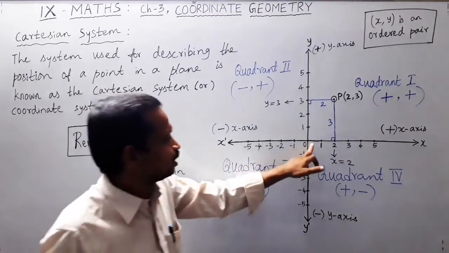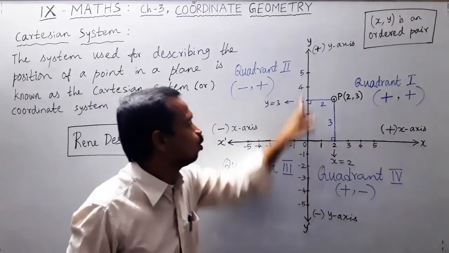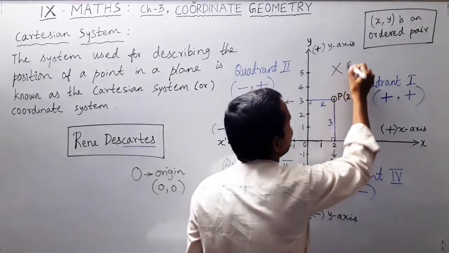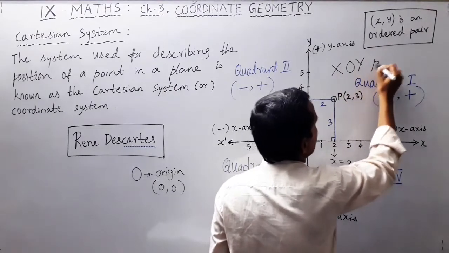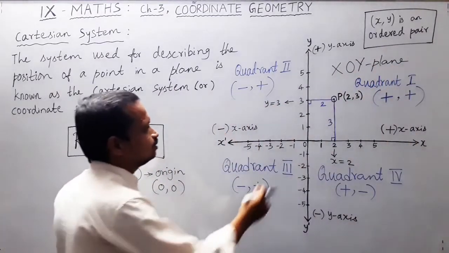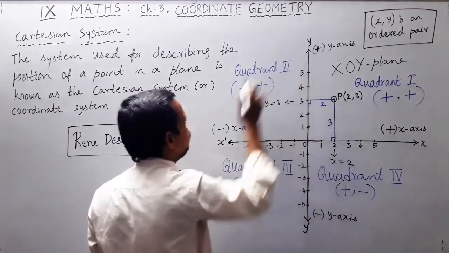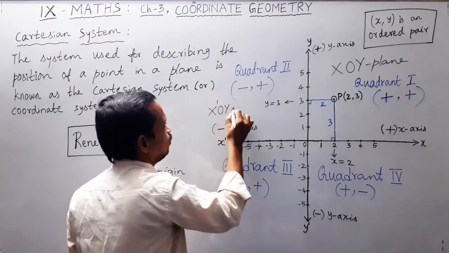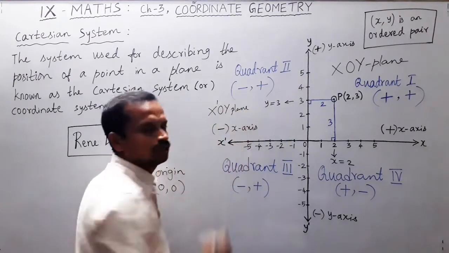So this, you can call the x, o, y plane. You can write that also. Here, x, o, y plane. And this is x dash, o, y plane. Clear, children?